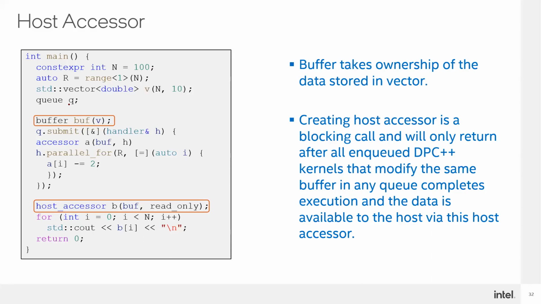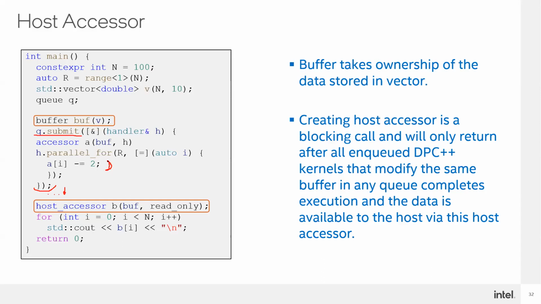One point which I missed earlier is that the execution of DPC++ happens in asynchronous mode, which means that once you do the queue submit operation, the execution still continues. It doesn't block here, right? You can have some host code written here, and it will be executed in parallel with the kernel written here.